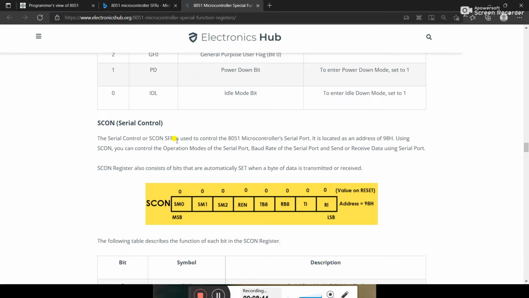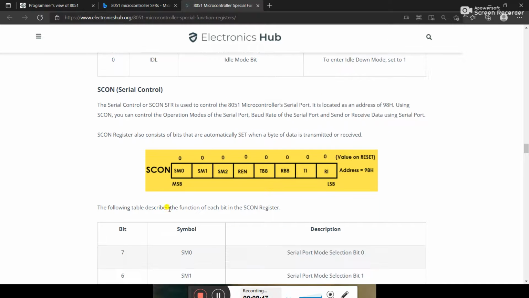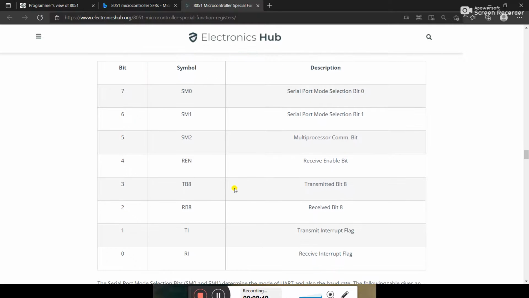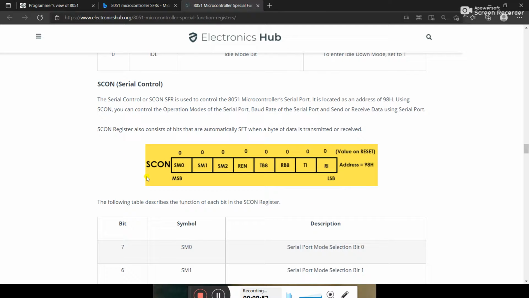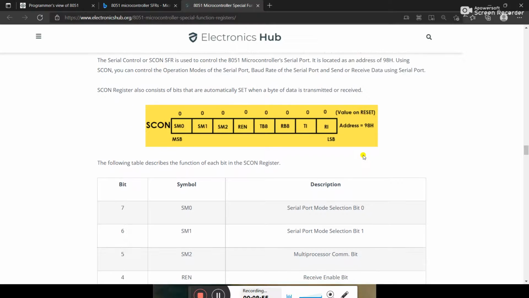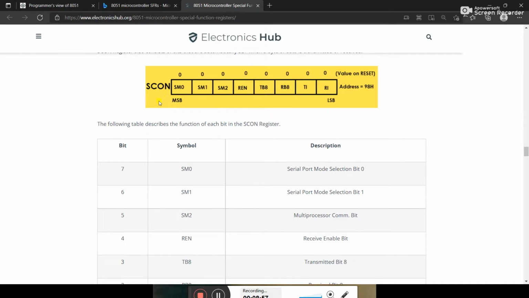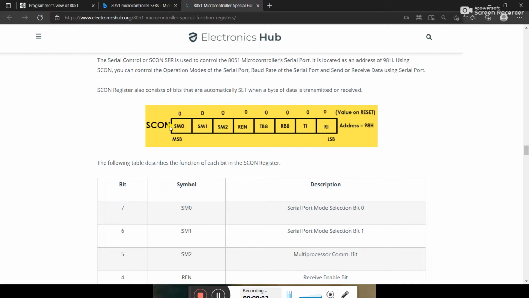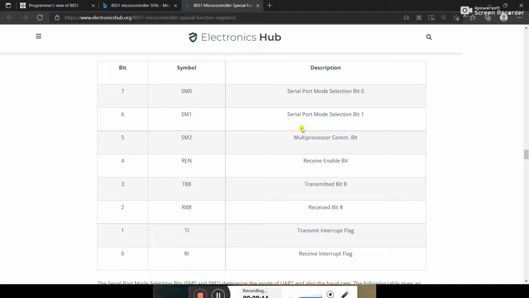Serial control register. It is used for the serial control purpose, and I will tell you all about these registers in the corresponding chapters also. For this purpose you can find how they can be used for different purposes. So SM0, SM1, SM2 and receive enable, TB8 and RB8 are some of the bits which are shown there. SM0, SM1 and SM2 are used for the serial port mode selection.